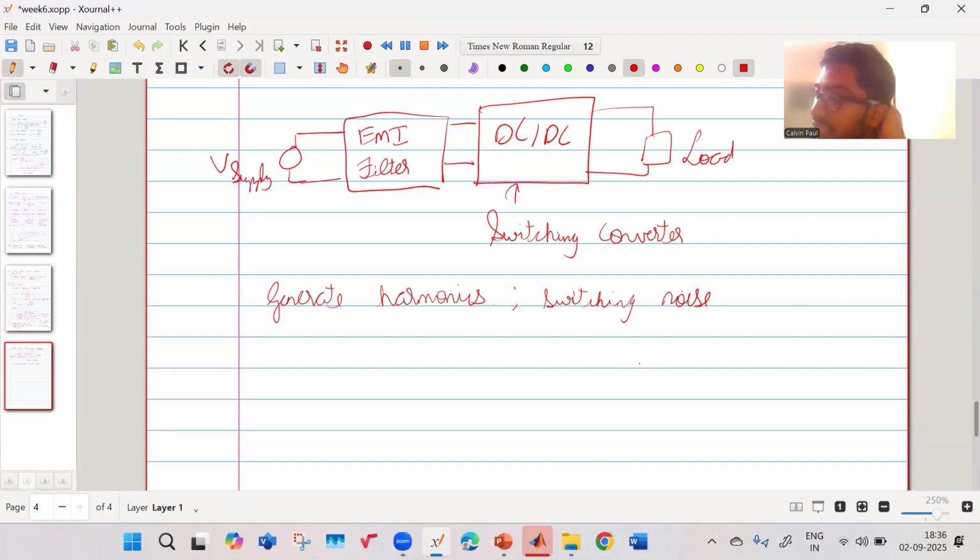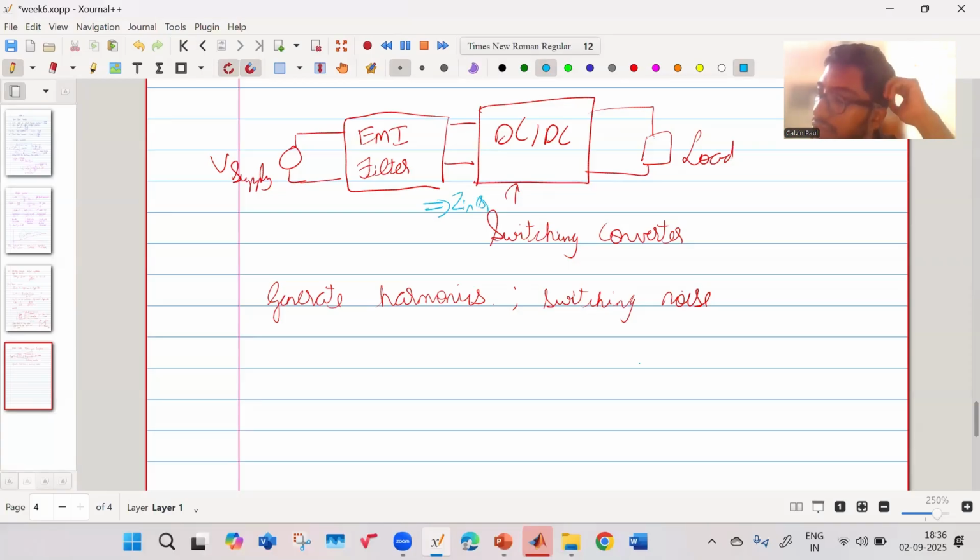Now, when the EMI filter comes into picture, your DC-DC converter acts as a load to your EMI filter. So we will look from this side, and we will see the input impedance of the DC-DC converter. So your input impedance is necessary while you are designing your input EMI filter.